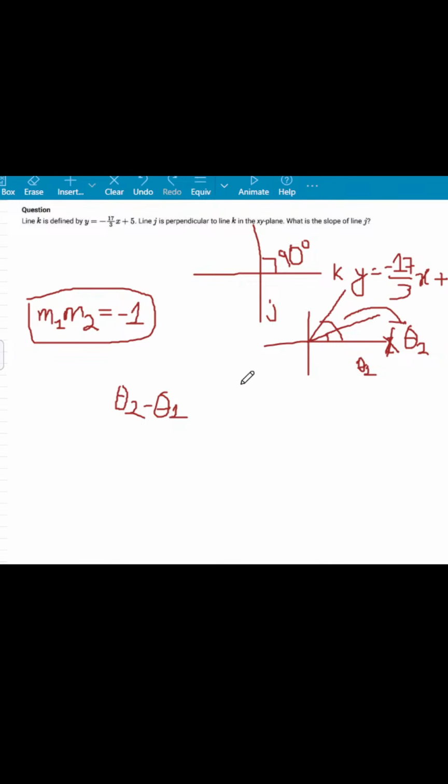So if we find the tan of the angle between the lines, because we know that for each of the lines the slope is the tan of the angle they make with the x-axis, m1 is tan theta 1, and m2 is tan theta 2.